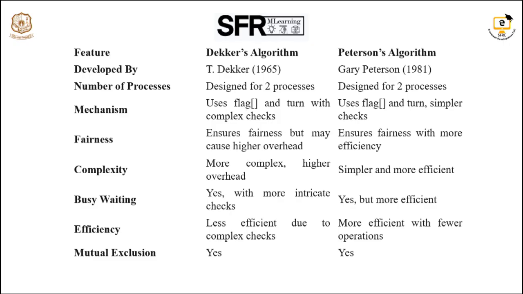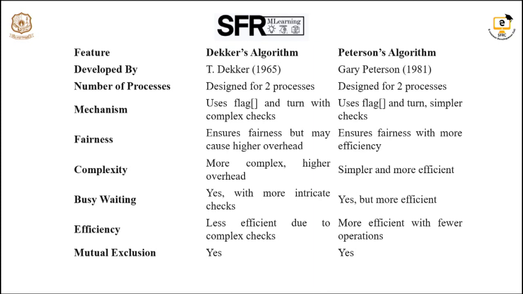For fairness, Dekker's algorithm ensures fairness but has higher overhead, and the Peterson algorithm solves the problem with more efficiency. For complexity, Dekker's algorithm is more complex with high overhead, and the Peterson algorithm is simpler and more efficient.